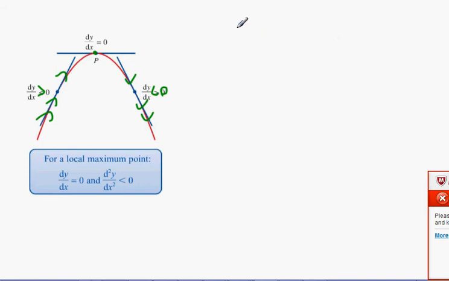So if I was to give you a function, here's the function: minus x squared plus 2x minus 1. If I was to differentiate this, what would happen?